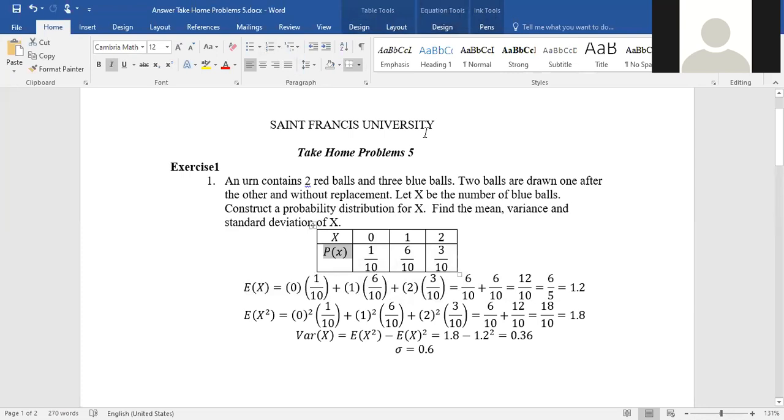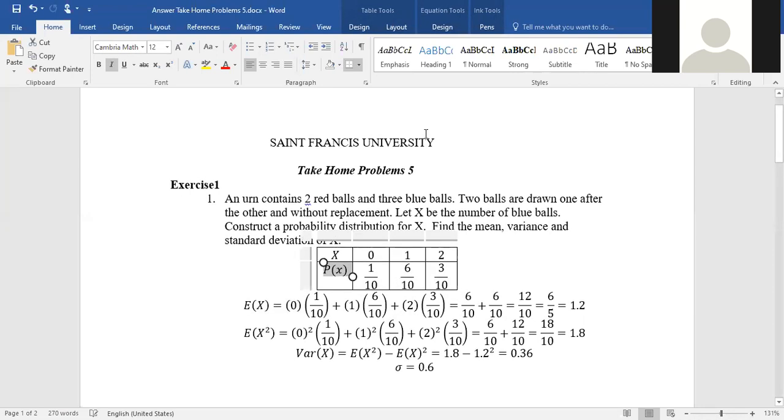And we can find the mean, the variance, and the standard deviation of this distribution. To find the mean, we take each value and multiply it by its probability. So 0 times 1/10, plus 1 times 6/10, plus 2 times 3/10.